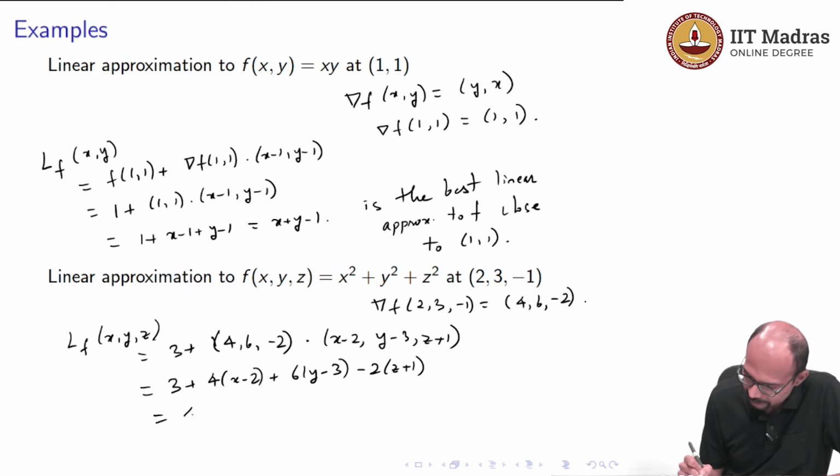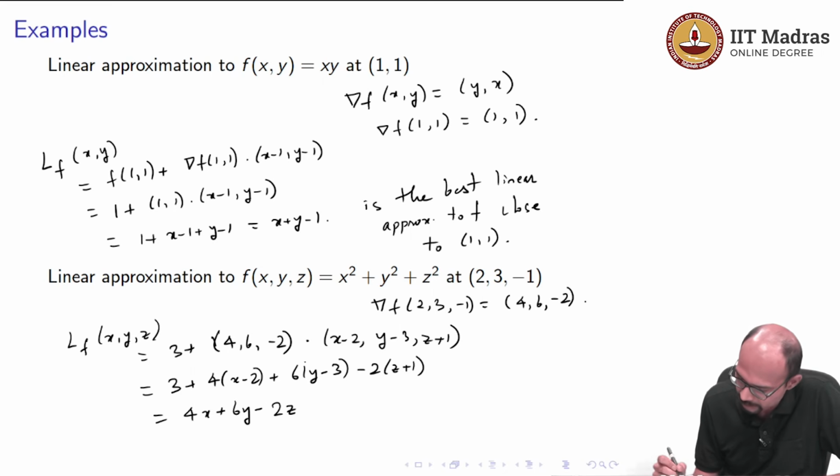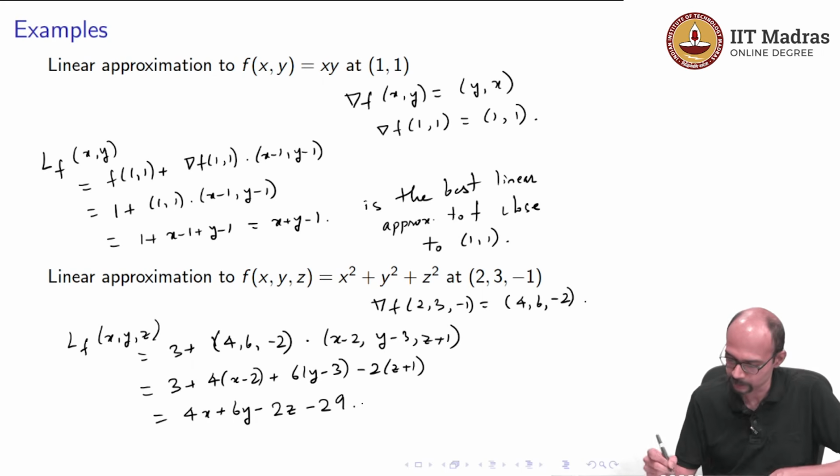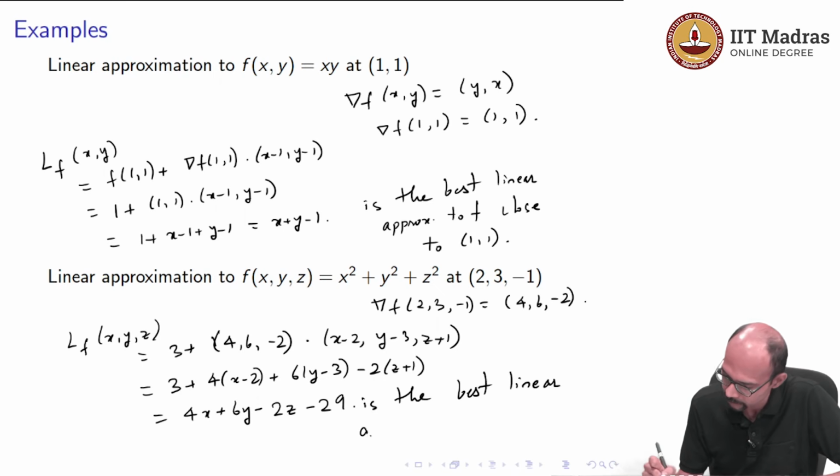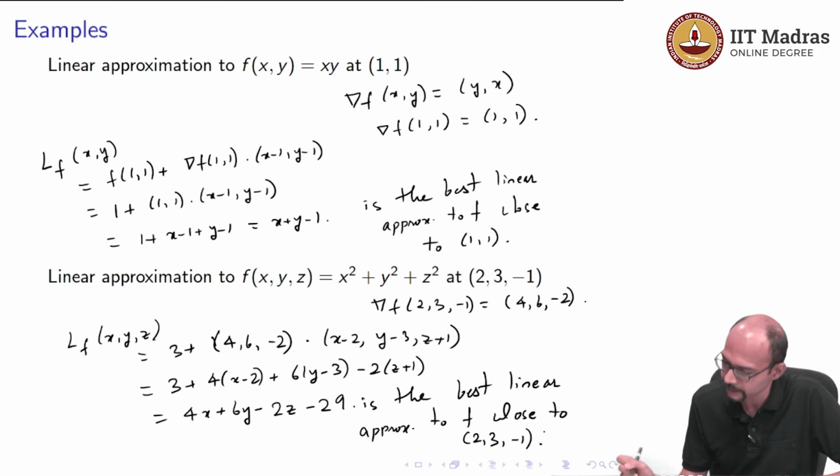If you rewrite this, this is 4x plus 6y minus 2z, and then 3 minus 8 minus 18 minus 2, so minus 18 minus 2 minus 20, so minus 32, and then this is minus 29. Okay, I hope the numbers are correct. You can check this. So, what is this? This is the best linear approximation to f close to this point 2 3 minus 1.